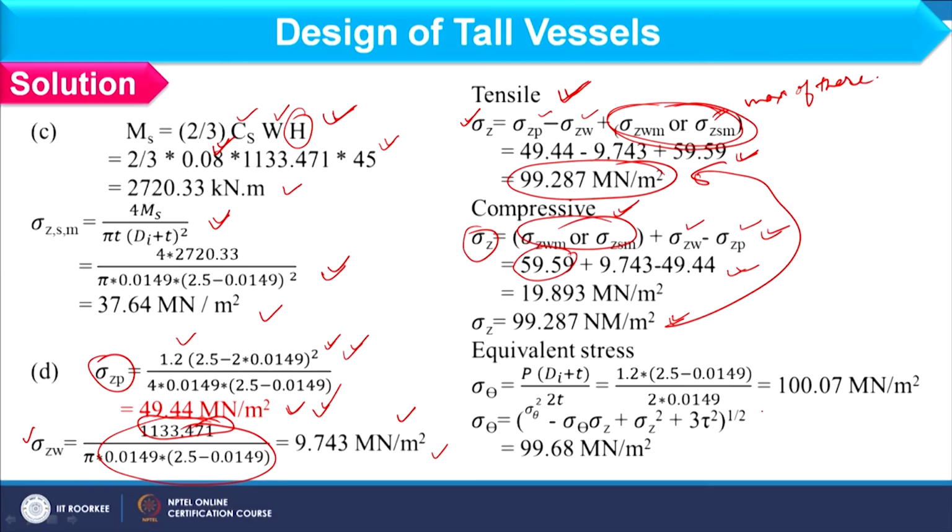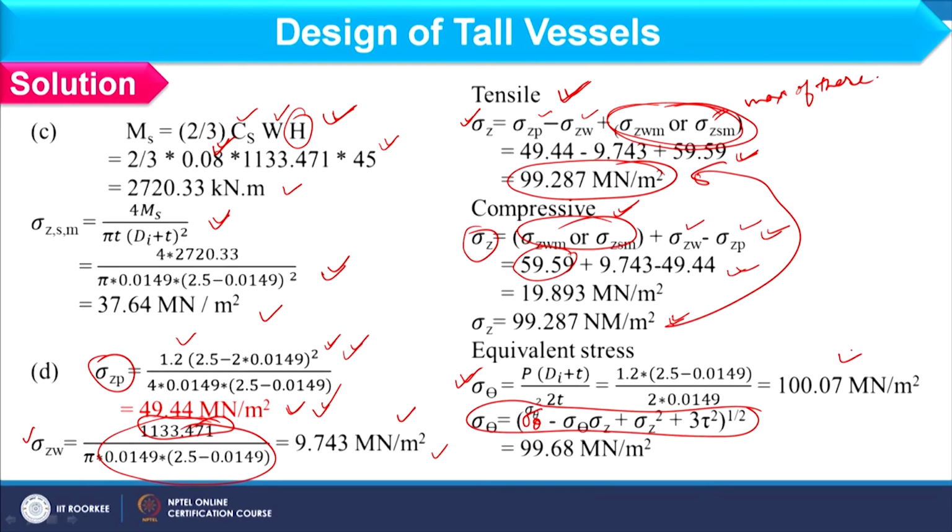Now, next we will calculate the equivalent stress, and in this case sigma Z should be the maximum of tensile and compressive. In this case both are equal, but if they differ we can consider the maximum of these two. So, equivalent stress can be obtained by this. Here I am having sigma theta, which is basically the hoop stress, which we can find using this expression.